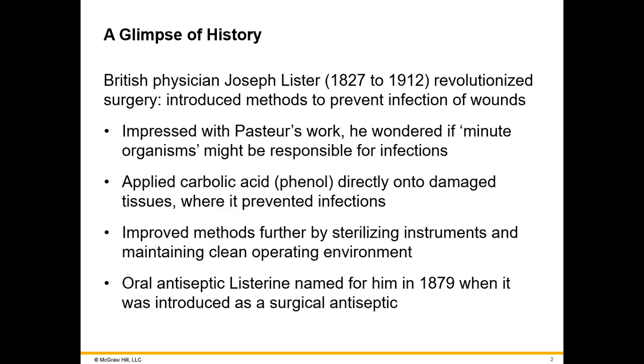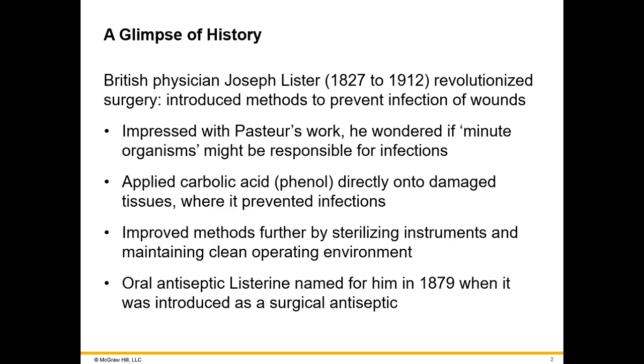Nonetheless, the technique persisted, and it is used today, whereby the physicians wash their arms from the elbow down to their hands, as well as maintaining a clean environment in the surgical ward. And today, a lot of effort is put into maintaining a near sterile environment in surgical rooms.